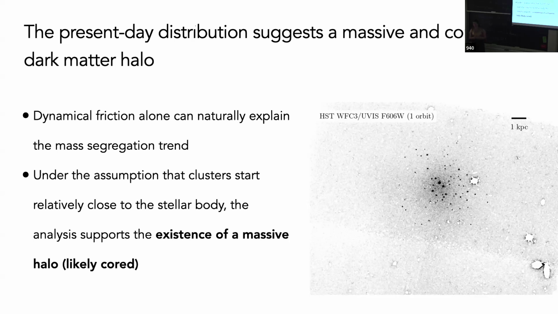I mean, what happened to the globulars of the other 10 to the 8 solar mass galaxies that don't have any? Why do you say that in these galaxies they don't get destroyed? No, they do get destroyed, but lots of them don't.